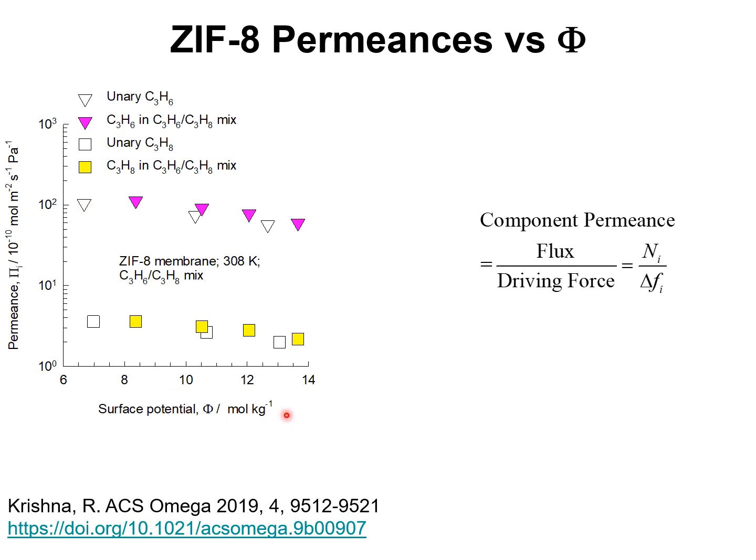In other words, you can predict the mixture permeation characteristics based on the characteristics of the corresponding unary systems. This conclusion is of significant importance in the development of microporous membranes for mixture separations.